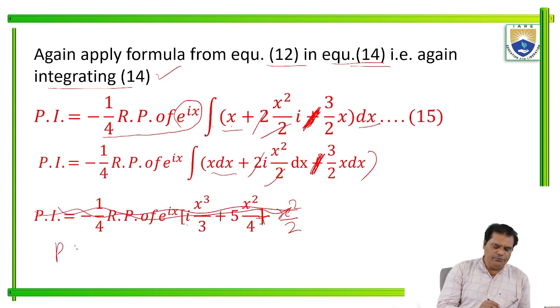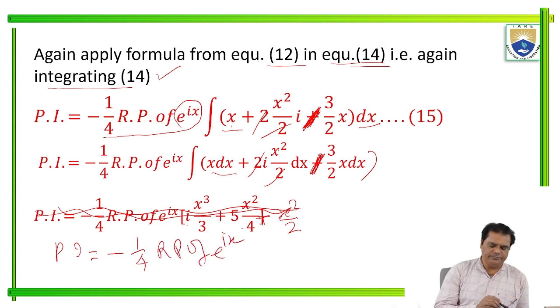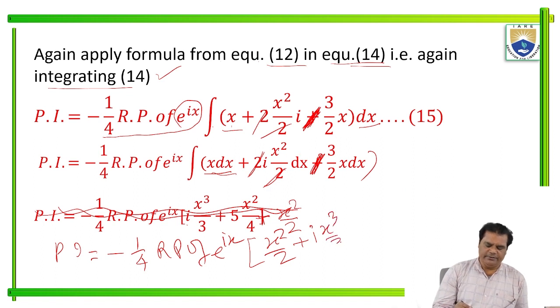Pi is equal to minus 1 by 4 Rp of e to the power ix, integrating this function: x square by 2 plus i, 2 is cancelled here, and the integration x cube by 3, and minus 3 by 2 into x square by 2.